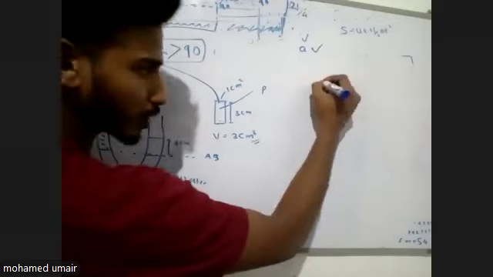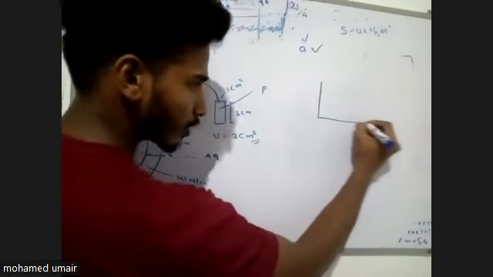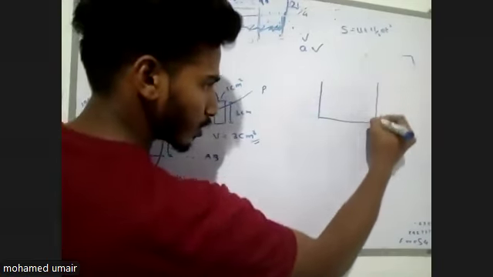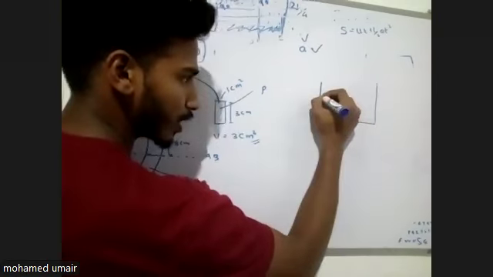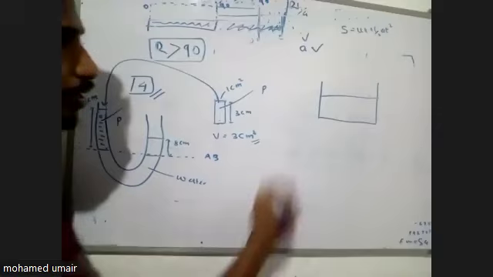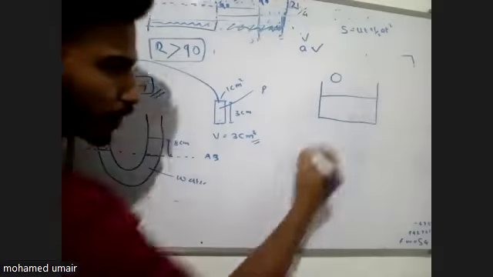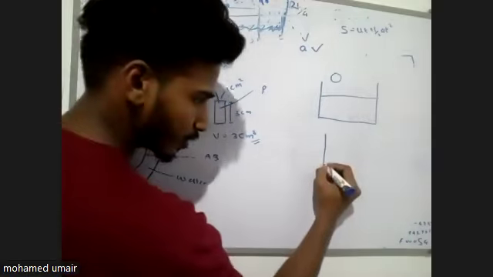So if I just look at a small example, I have a certain liquid filled to this level. And if I just drop a ball onto here, what would be the resulting change?